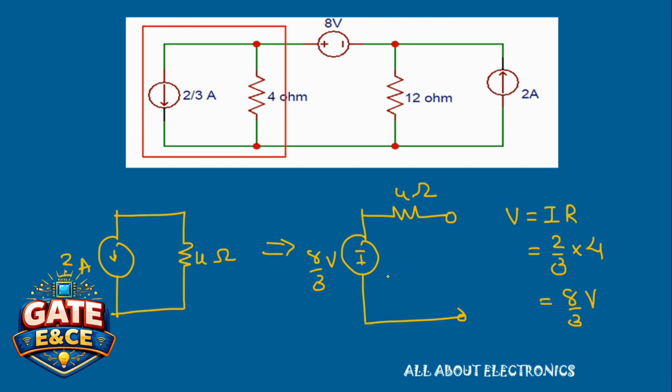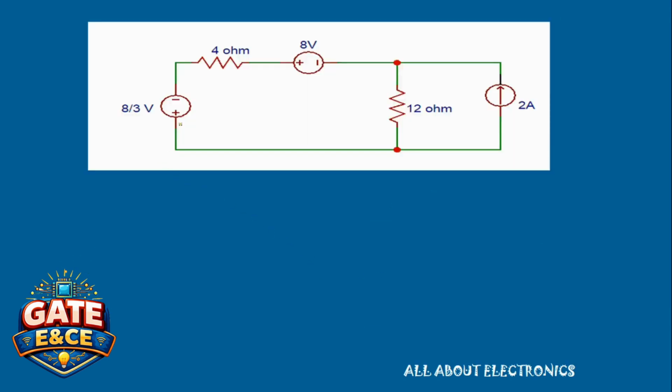So the equivalent circuit now will have an 8 by 3 volt voltage source with 4 ohm resistor in series that is connected to this 8 volt voltage source. So now here we have this 8 by 3 volt voltage source in series with this 8 volt voltage source. So we can replace it with a single equivalent voltage source.